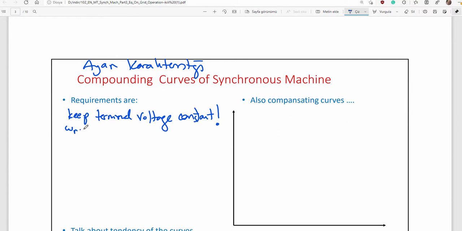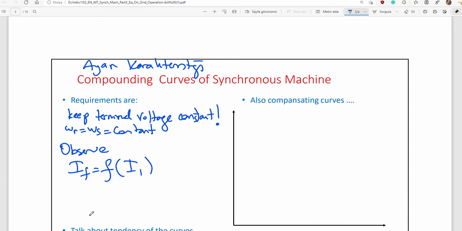Again, rotor speed must be kept at its synchronous value during the experiment, and then observe field current as a function of one phase armature current by changing load current at constant power factor.